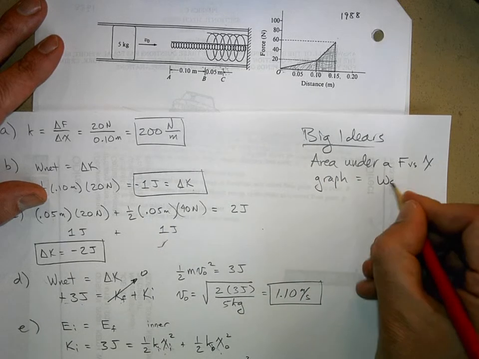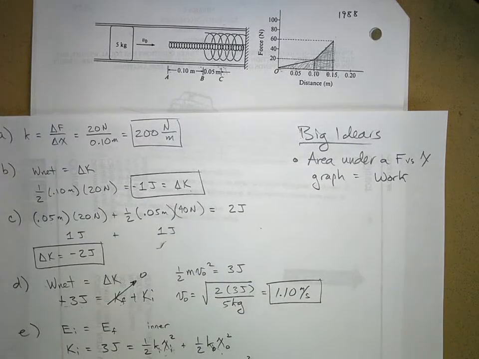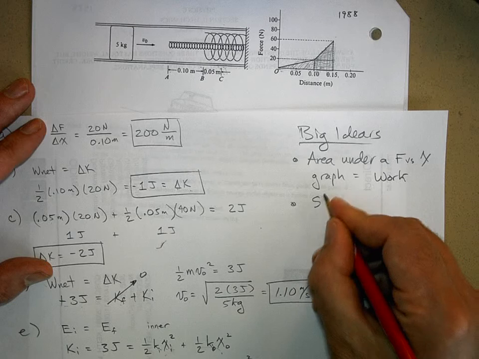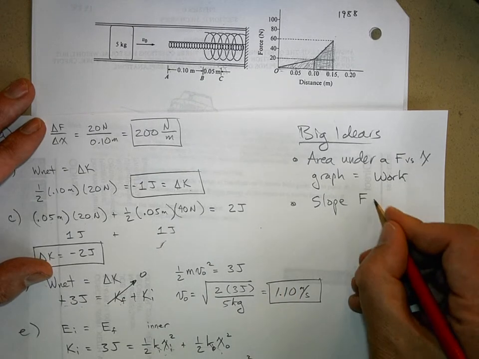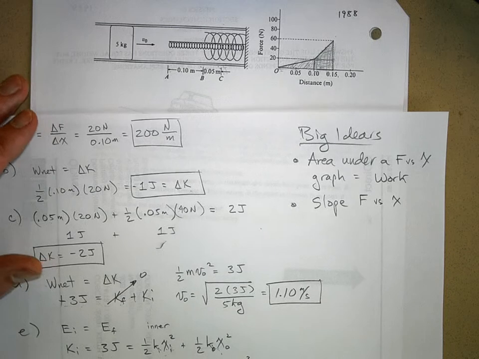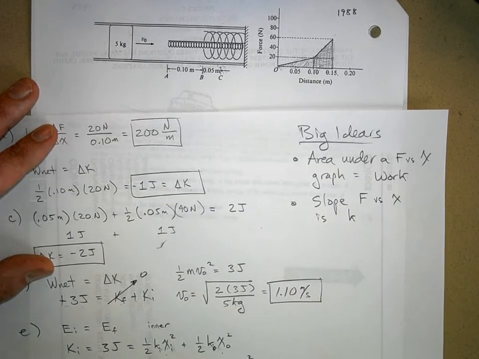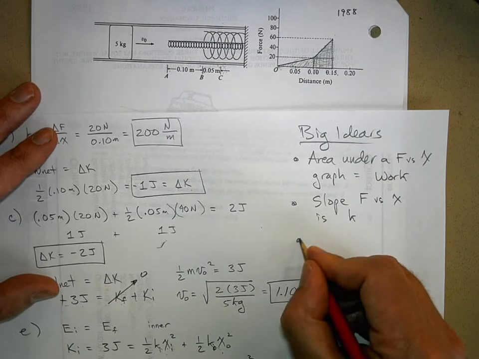Is work. I don't care how you abbreviate this stuff. You want to do it quickly. What else do we know? What's the slope? Slope of F versus X, if it's a spring, is the spring constant, K.